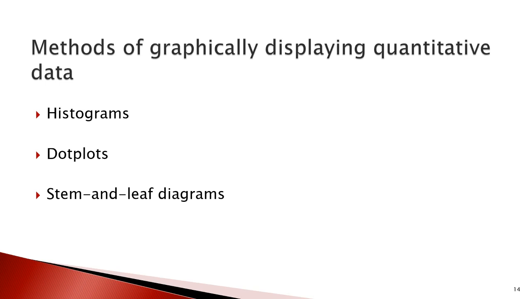As I mentioned at the beginning of this lesson, grouping of the observations should be done before organizing and summarizing data. Now we are finished with methods of grouping, so let's move on to the methods for graphically displaying quantitative data.